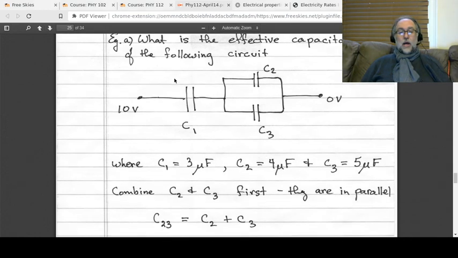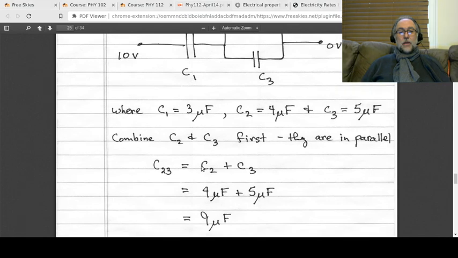So when capacitors are in parallel, you add. The effective capacitance of 2,3 is C2 plus C3. C2, I made that out to be 4 microfarads, and C3, I made it to be 5 microfarads. So 4 plus 5 is 9 microfarads.